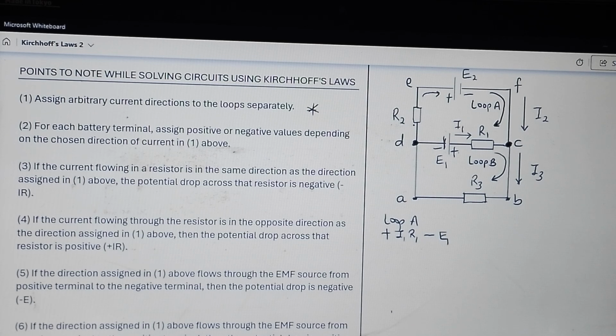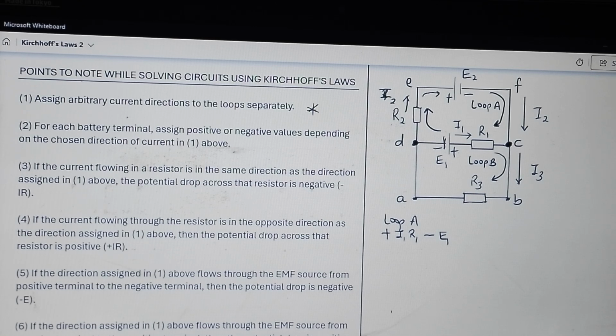We come to this resistor. If you take note, this I2 is actually coming from this direction. So I2 is what is passing through the resistor R2. Since this direction we chose is also in the direction of I2, the potential drop here will be negative.